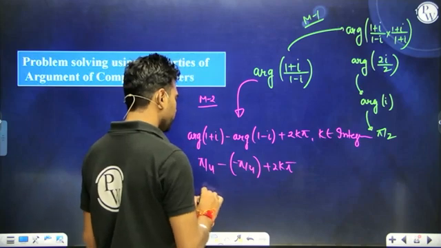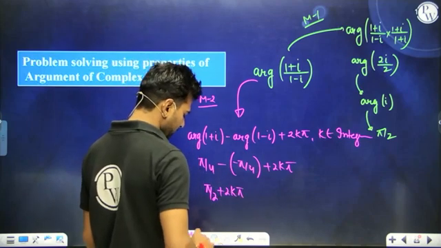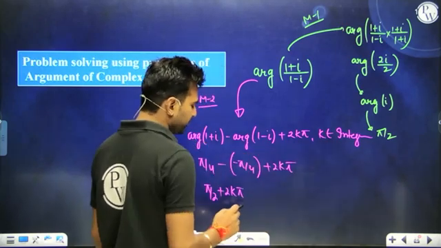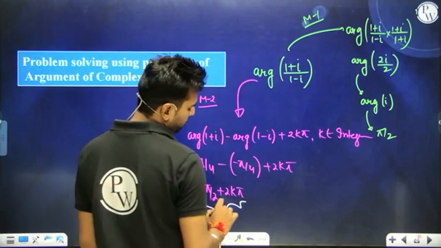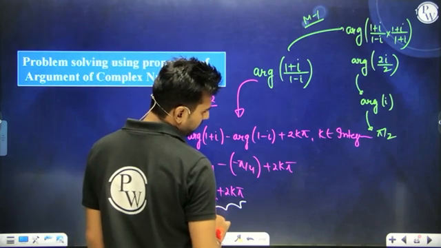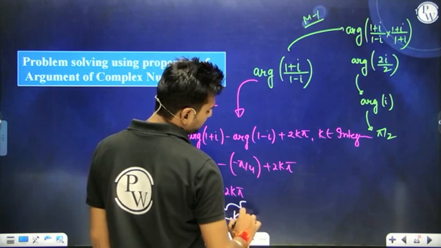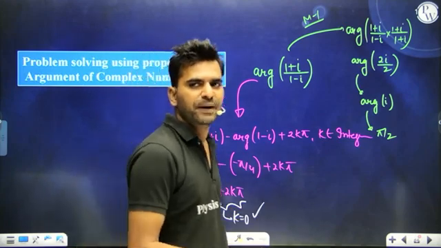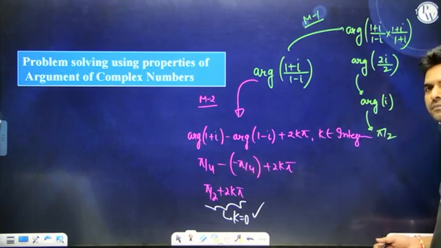So this is going to be pi by 2 plus 2k pi. Now what value of k should we put so that this value comes in the principal argument, that is minus pi to pi? We should take k equal to 0, so that this value is between minus pi to pi. That's it, the question is done. So pi by 2 is the principal argument, right?